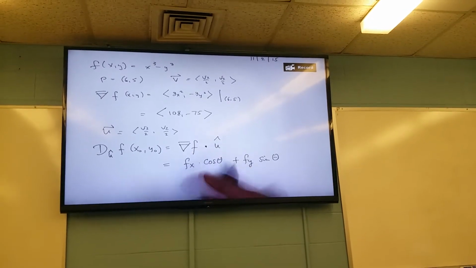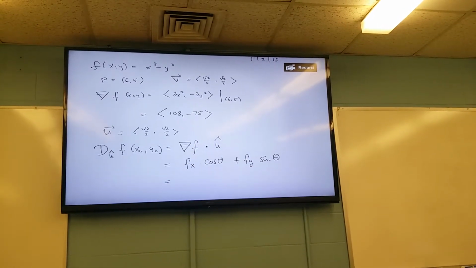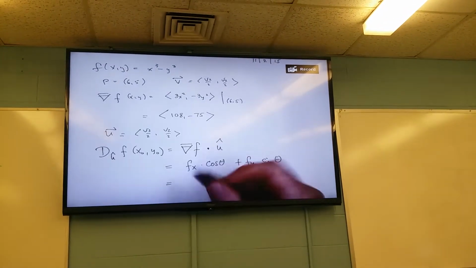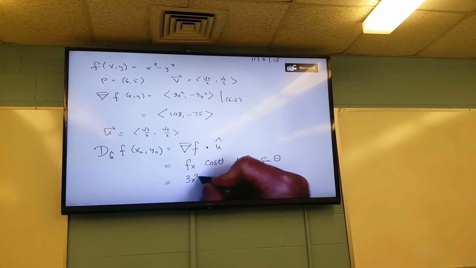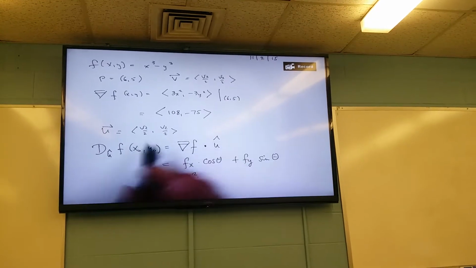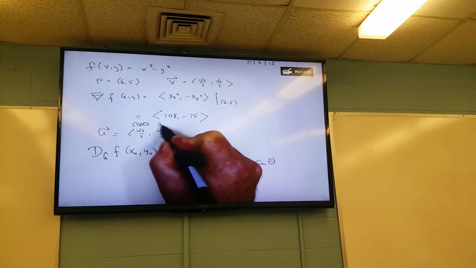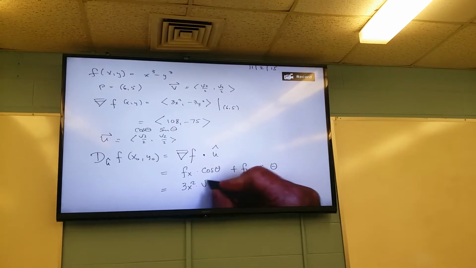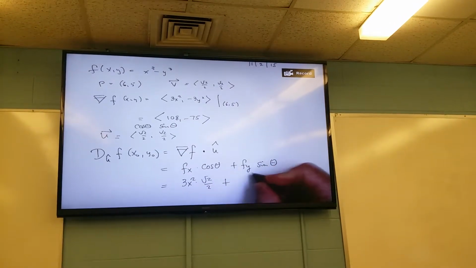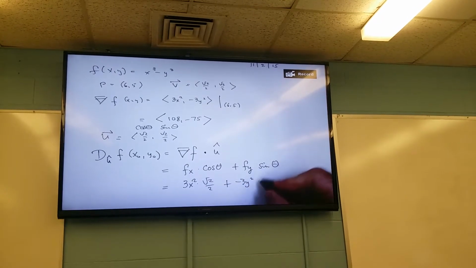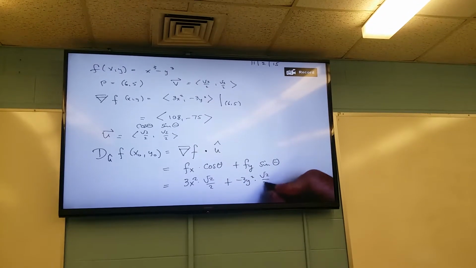So, at this particular one, the partial with respect to x we said was 3x squared. The cosine of the angle, this is a unit vector, the x component is the cosine, the y component is the sine. And the partial with respect to y times the sine of the angle.